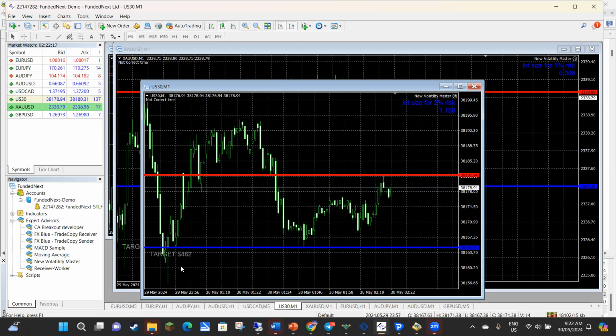When it gets to zero, it will mean you've made $482. And as soon as it gets below zero, it's going to close any open trades. And it's going to come up here in red writing saying target hit, meaning you've hit your target. And if it was a proper count and it was an 8% target, then you're done. You've passed the first phase.